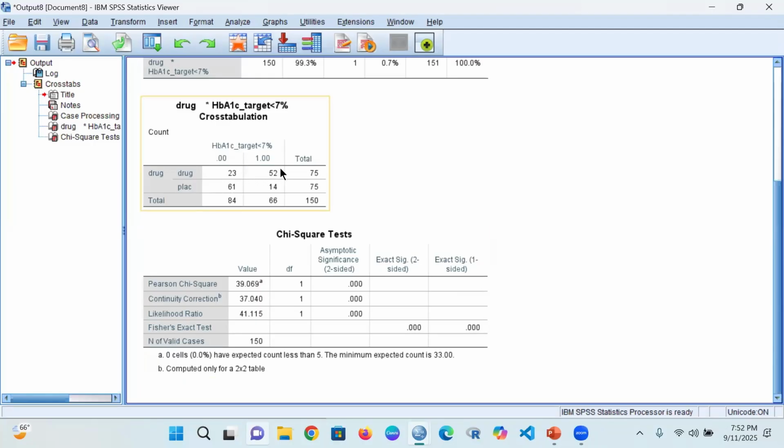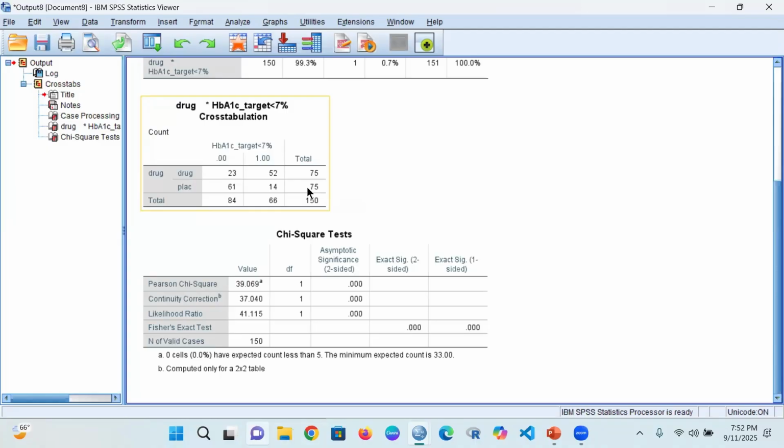You can observe that here: 52 out of 75, and this one 14 out of 75. So you can confidently say that at 6 months, significantly more patients in the drug group achieved HbA1c less than 7% compared to placebo. This means that the drug substantially increased the likelihood of patients reaching the glycemic targets.